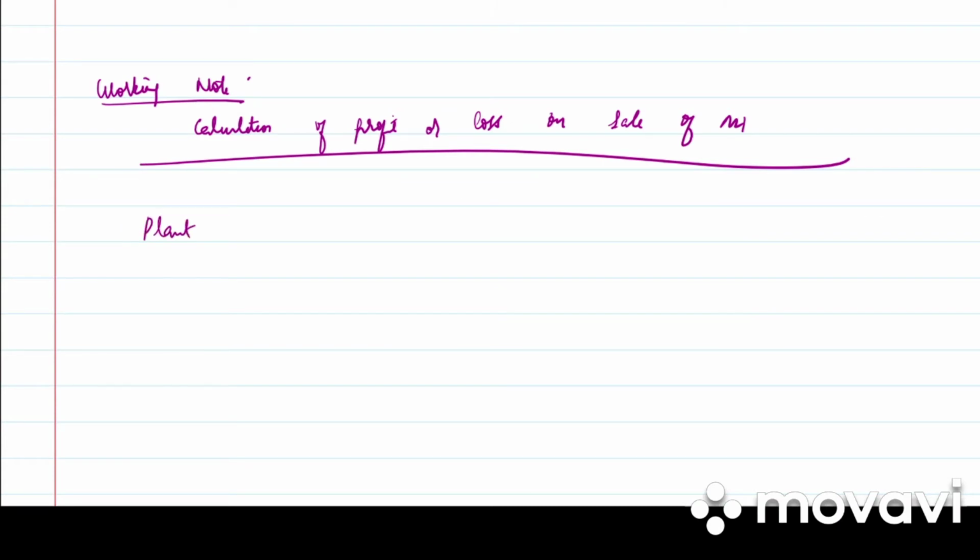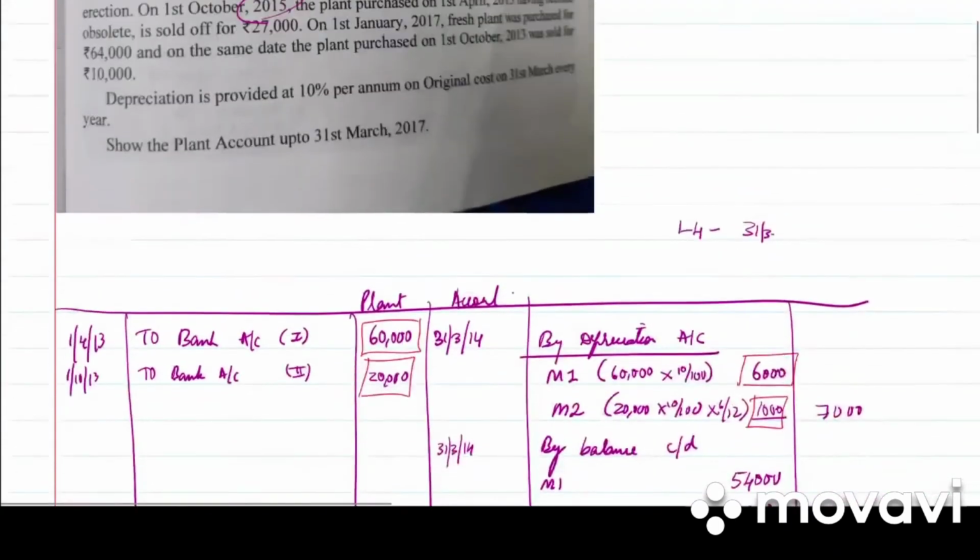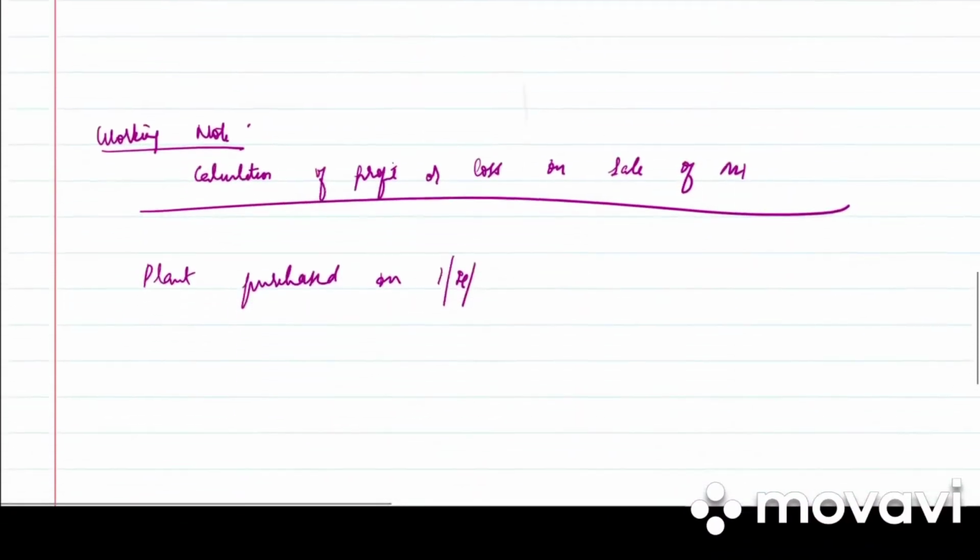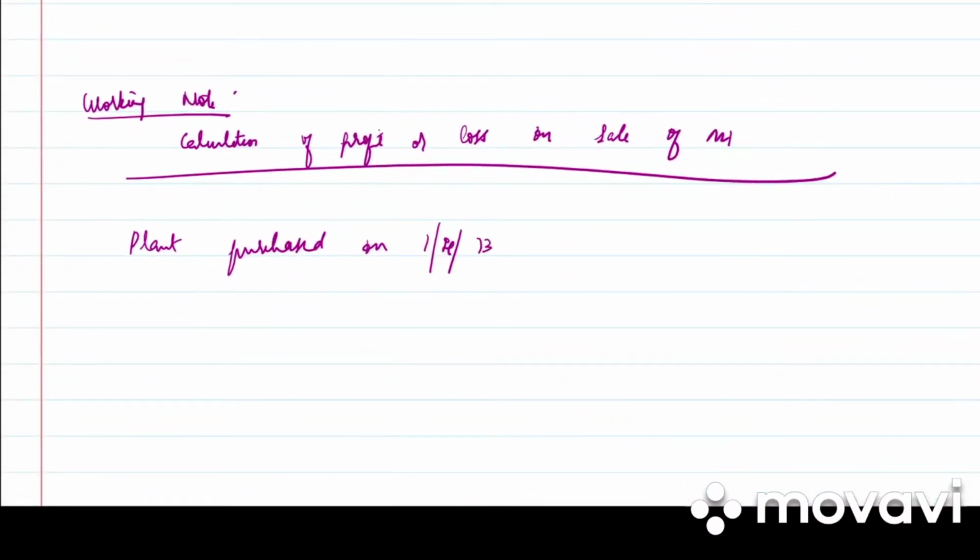So plant purchased on 1st April 2013. How much is it? 60,000 less depreciation on 31st March 2013. How much is it? 6,000.